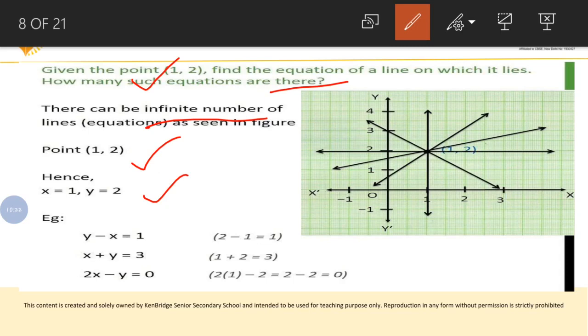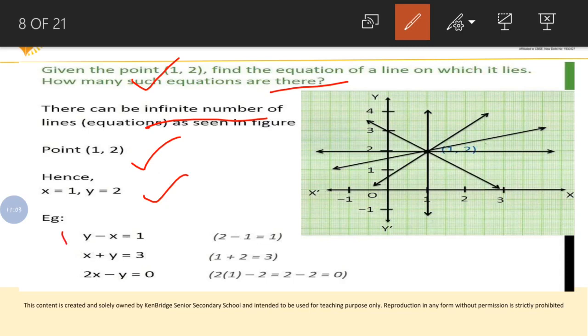So the first one, the condition of the equation, right? So let's take (1, 2), and when you subtract 2 minus 1, you will get the value 1, right? 2 minus 1 is equal to 1. Just apply that in the equation. 2 is here, the 2 is y, right? So y minus x is equal to 1.